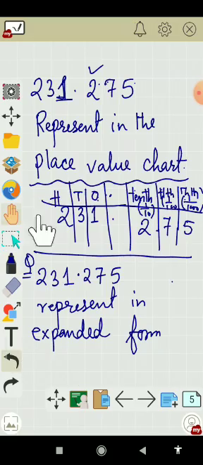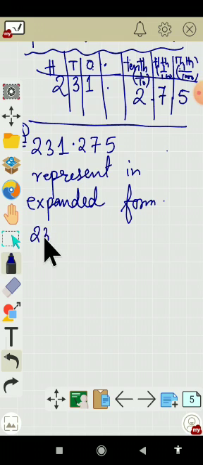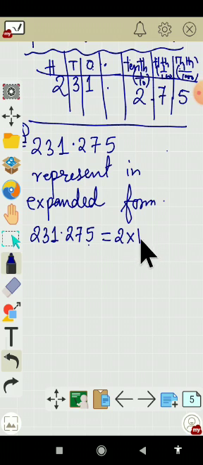For that, first we have to make this place value chart, and after that we have to write the number which is given in our question and write down the equal sign. Now according to the place value you have to write all the numbers and their respective positions' values.